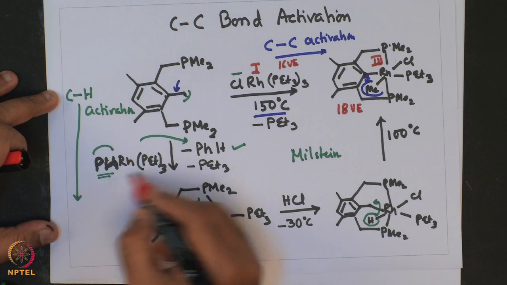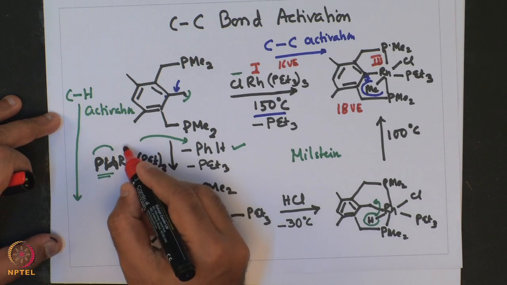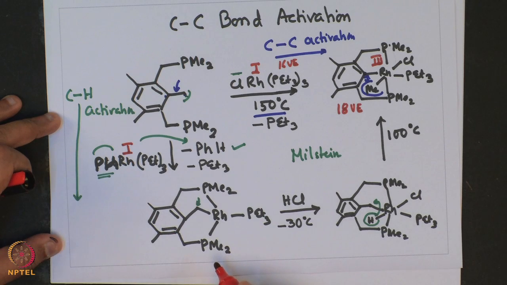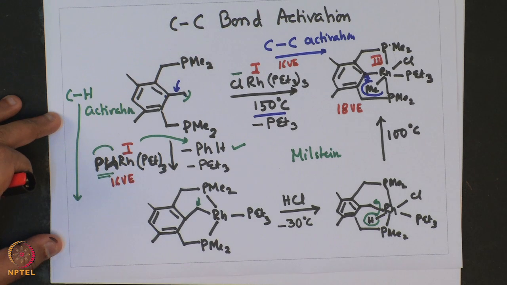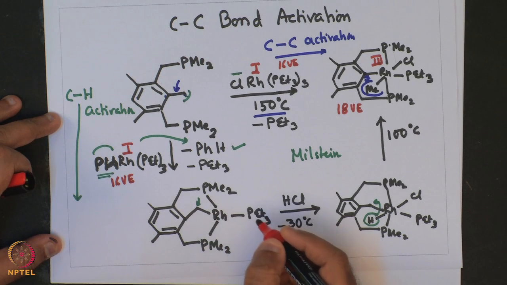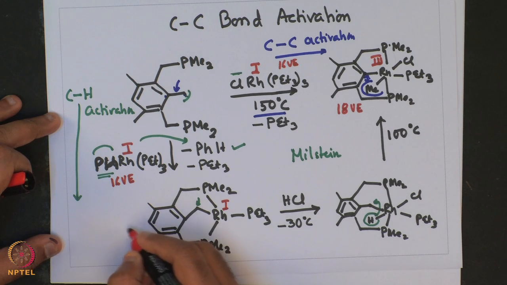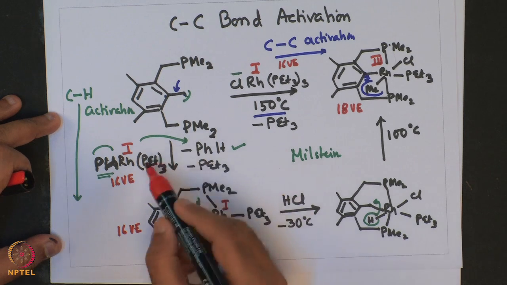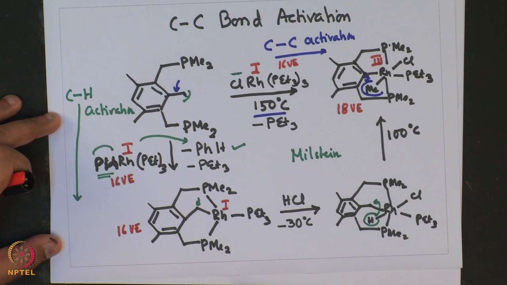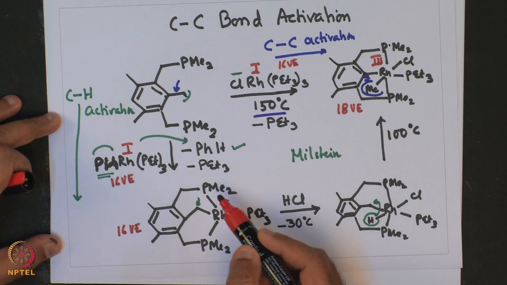Similarly, in this compound, PhRh(PEt3), rhodium is in +1 oxidation state, and it has 16 valence electrons. In the C-H activated product, rhodium is still in +1 oxidation state, and it still has 16 valence electrons. That is because the C-H activation has happened over two molecules.